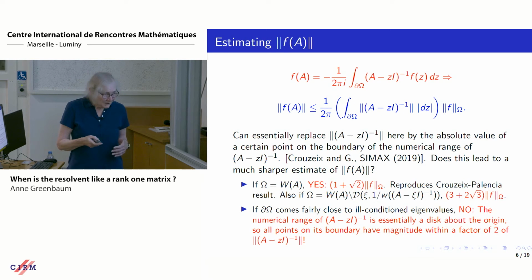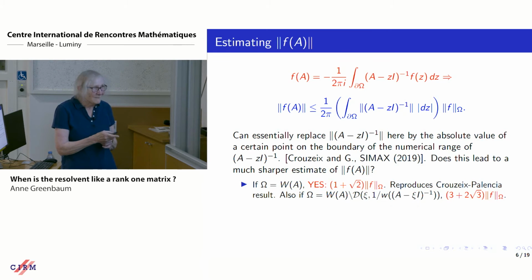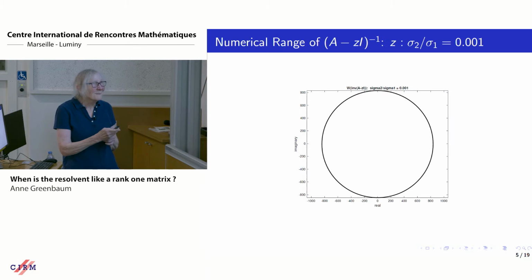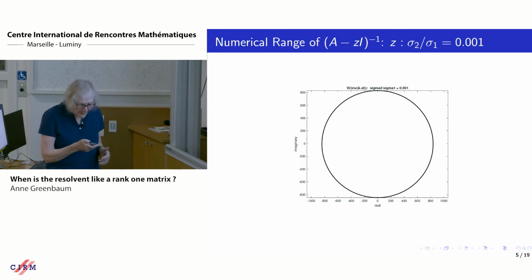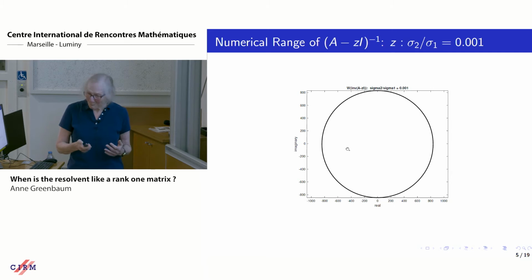Well, it's because the numerical range of the resolvent looks like a disk, which means a disk about the origin, more importantly, which means that every point on the boundary, whichever one it is that we integrate, has magnitude equal to the numerical radius, which is within a factor of 2 of the norm.